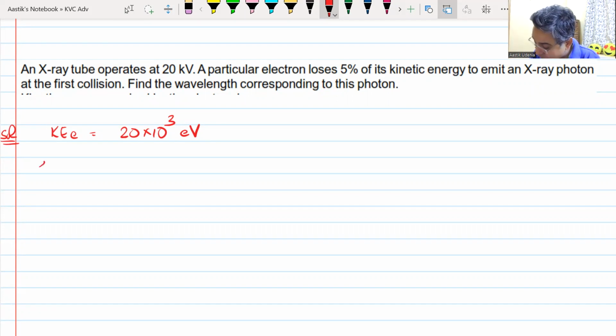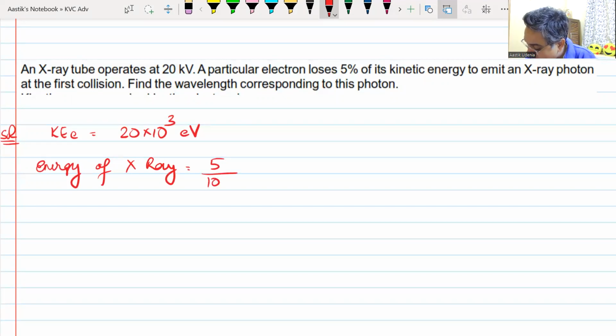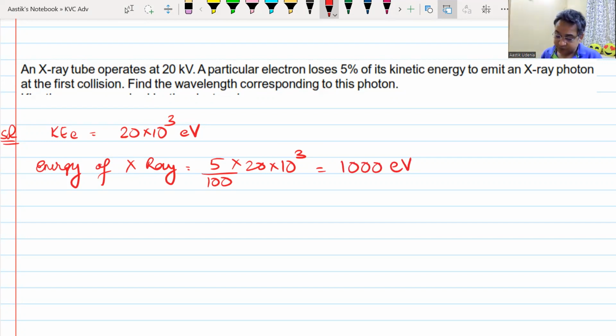So the energy of the X-ray photon will be 5% of this, that is 5 by 100 into 20 into 10 raised to the power 3 electron volts. Yes or no? Yes. So that becomes 1000 electron volts.